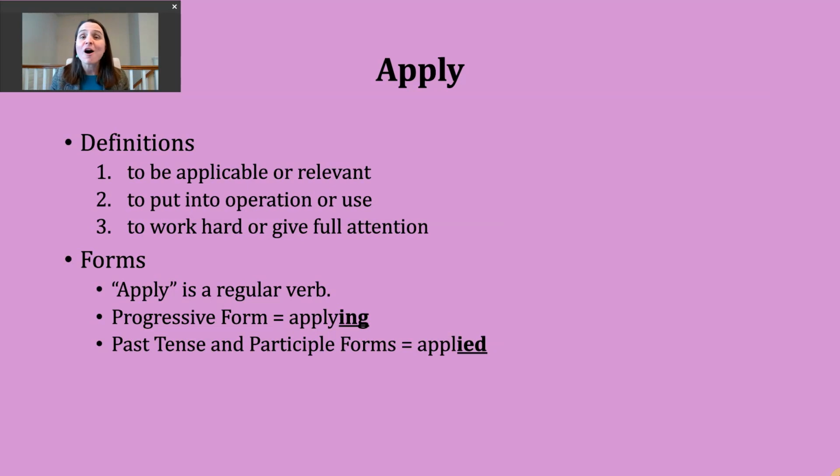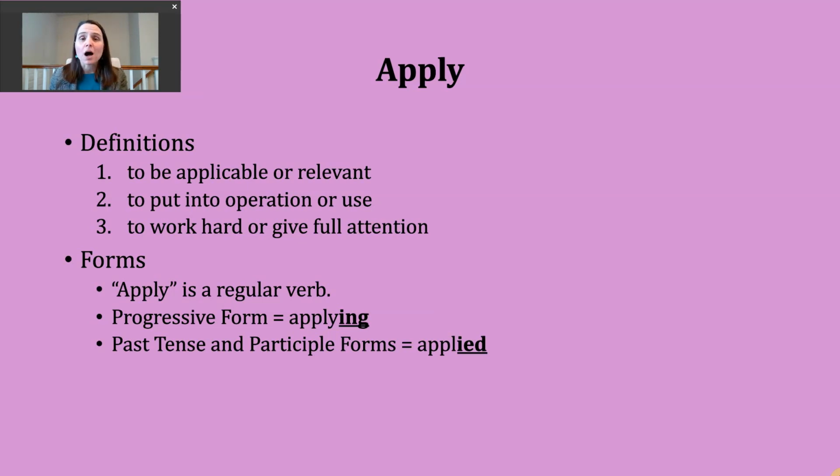You should know that apply is a regular verb. To make the progressive form of this, you're just going to add ing to form applying. The past tense and participle forms are going to require a spelling change before we add ed, right? So since this verb ends with the letter y, we're going to drop that y, add an I, and then add ed.